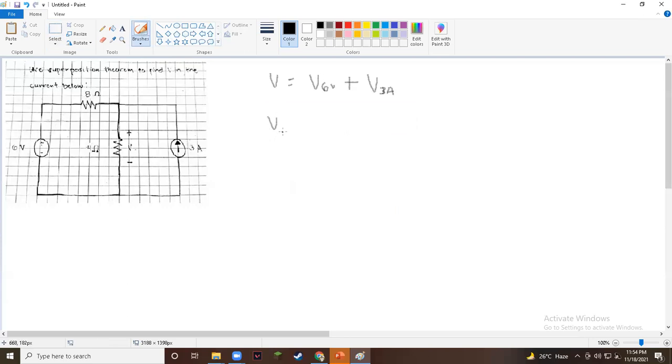So voltage due to 3 amperes is equal to, para makuha natin yung value ng ating voltage due to 3 ampere, pwede natin gamitin ang Ohm's law. So, siyempre yung ginawa natin kanina ay 4 ohms times I4 ohms.